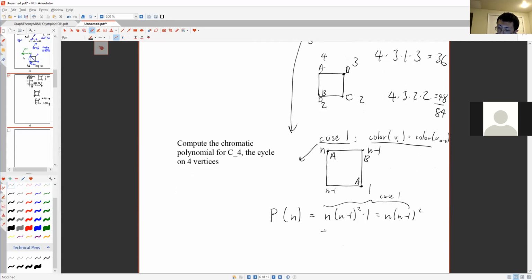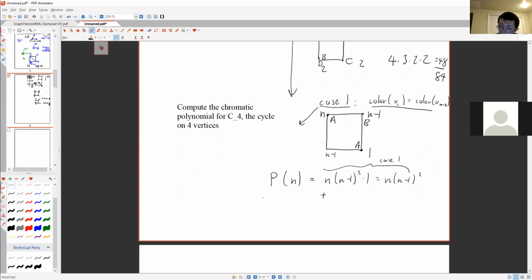And then we have to add the other case, case 2, where the color of the first vertex going around the cycle is not equal to the color of the n minus 2 vertex going around the circle.